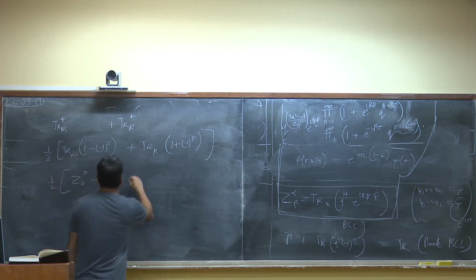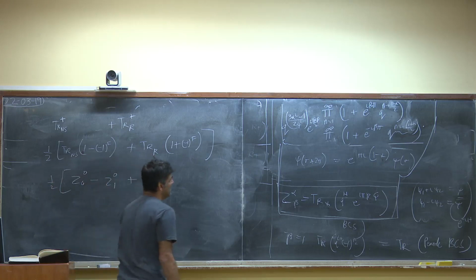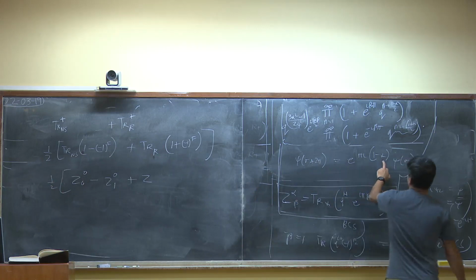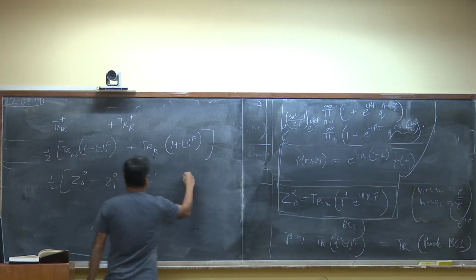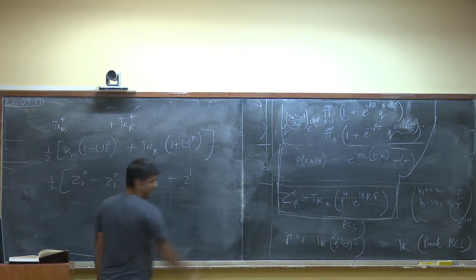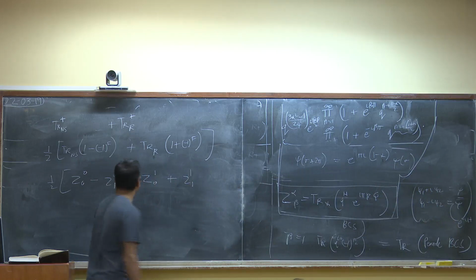Right? Plus, now we've got this in the Ramond sector. Ramond sector is alpha equals 1. Z1,0 plus Z1,1. This is 0 and this is 1, right?